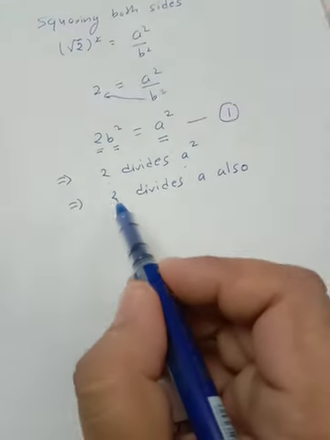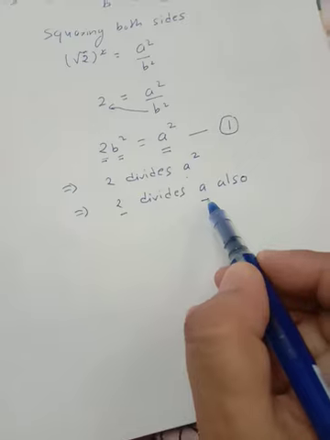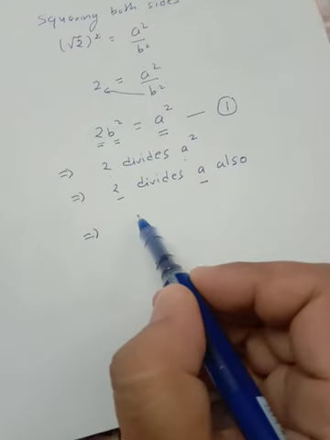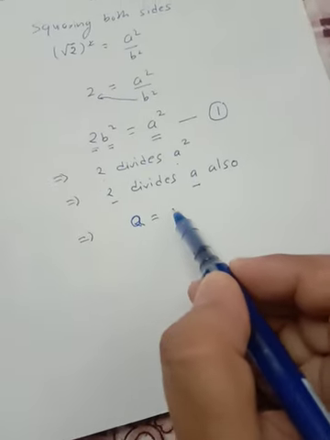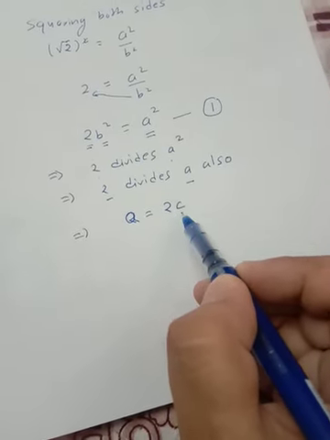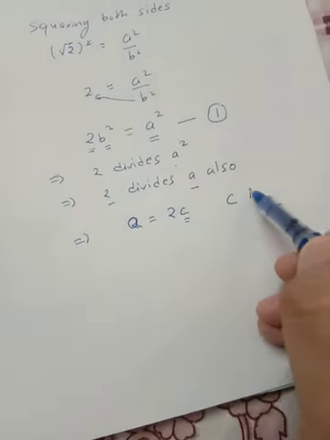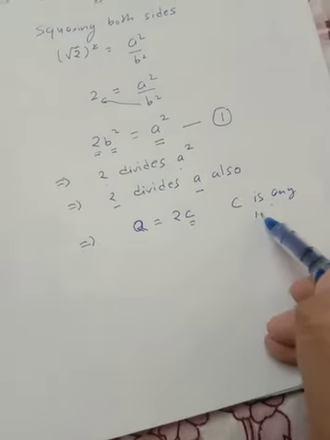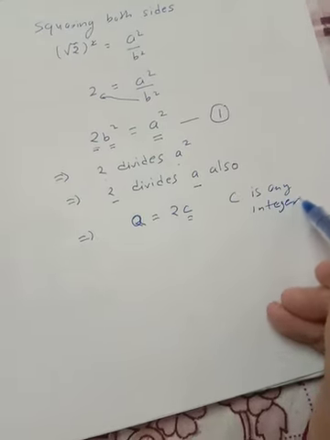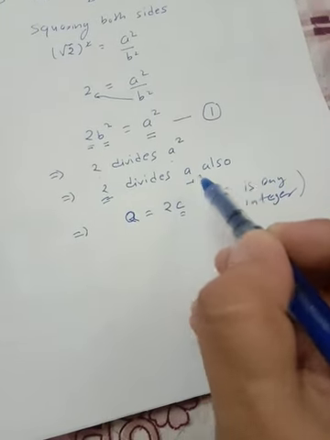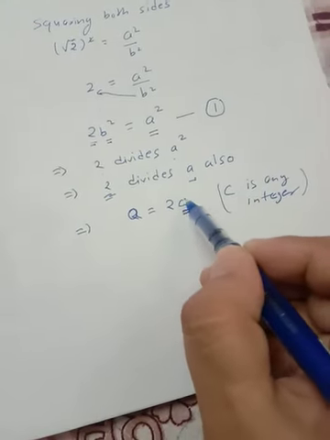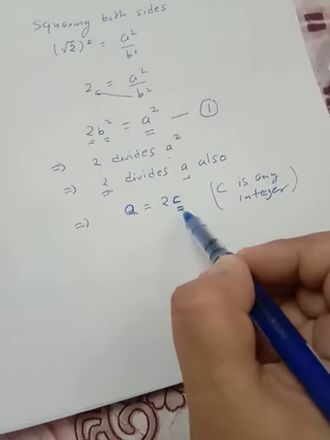So obviously if 2 divides a, we can write a as 2c, where c is any integer, because when 2 divides a, we get some quotient, and the quotient we are taking here as c.